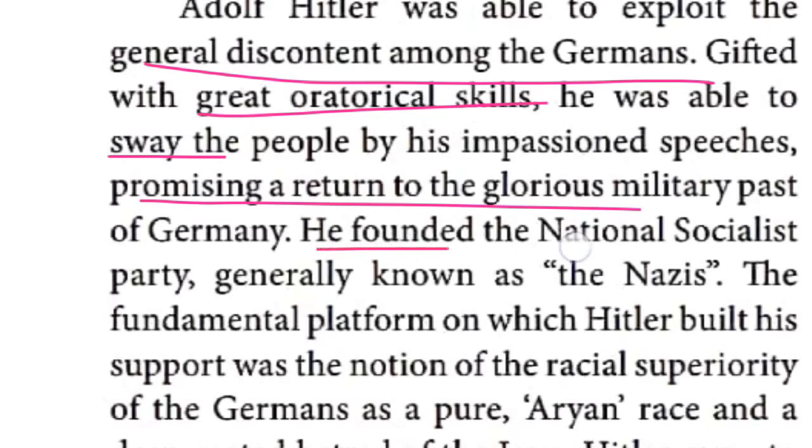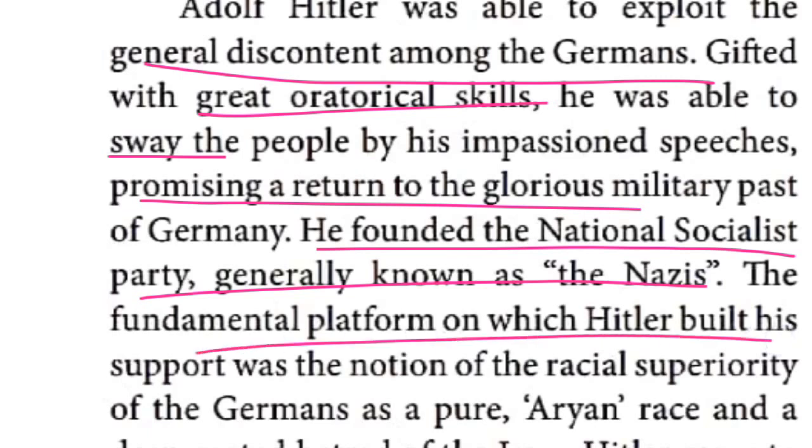He founded the National Socialist Party, which was known as the Nazi Party. The fundamental platform on which Hitler built his support was the notion of racial superiority. What is meant by notion? Belief. What was the belief of Hitler?